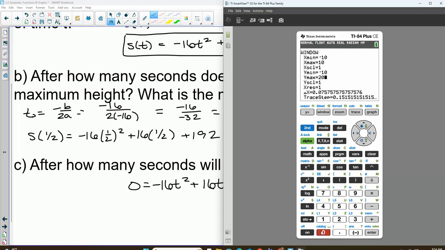So if you want, you could change your y max to 200, just so it'll show us the whole graph. Okay, this is showing us. I think I have a typo on mine I need to fix real quick.